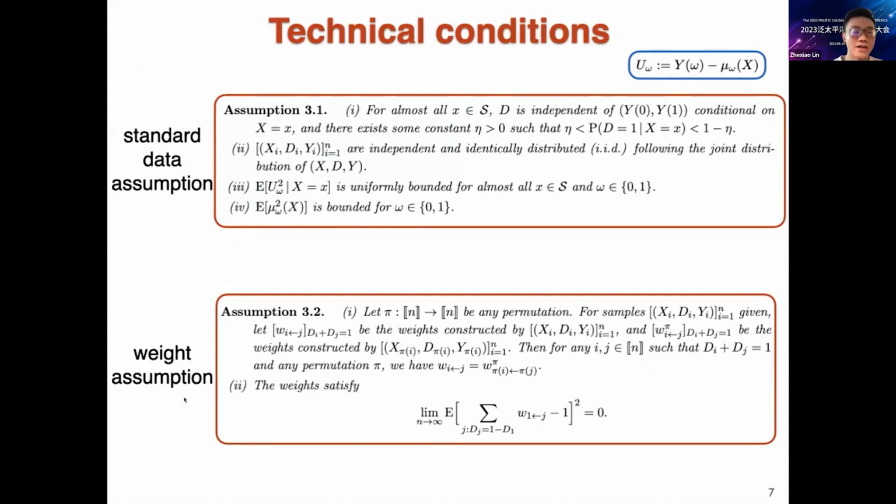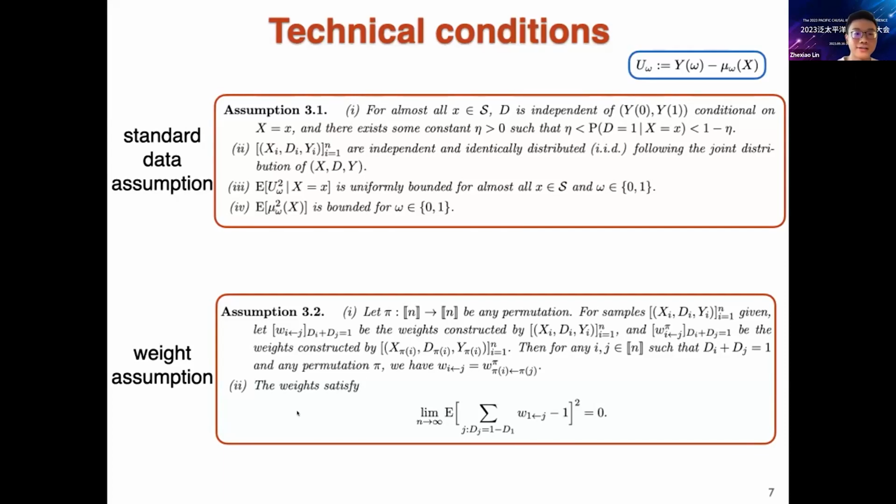Also, we'll have very weak weight assumptions. The first part says that when we construct the imputation estimator, or the non-parametric regression in the first step, we treat each sample in the data equally. So our estimator will not depend on the index of the samples.